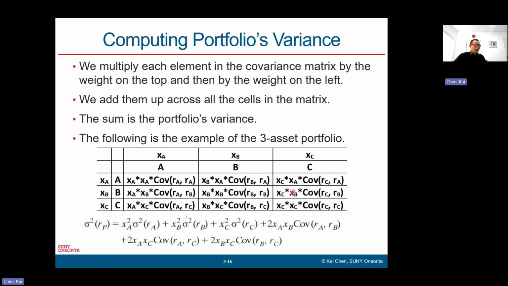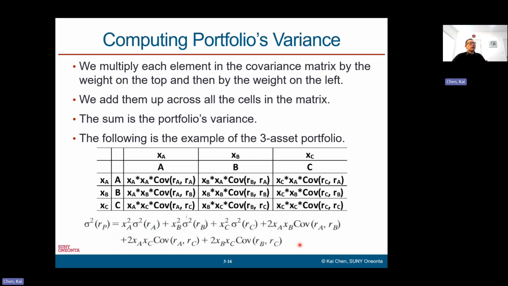These two cells have the same value, and when we include these two values in our sum, then we have 2 times XB times XC times the covariance between B and C. Okay, so this is the example, a formula to calculate the variance of a 3-asset portfolio.